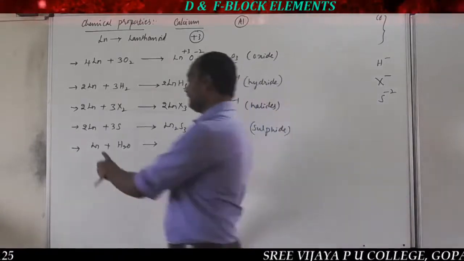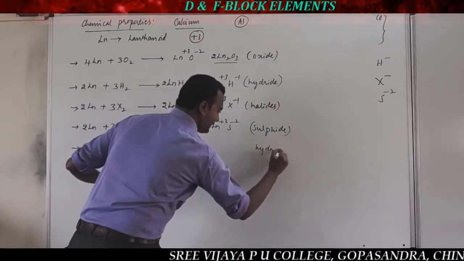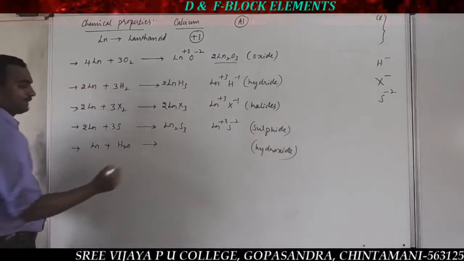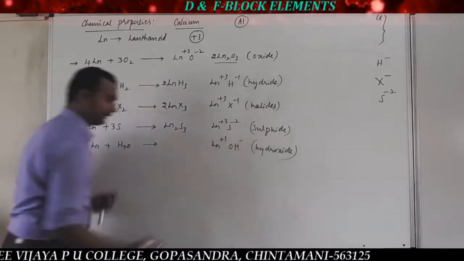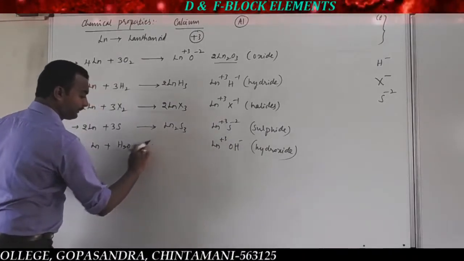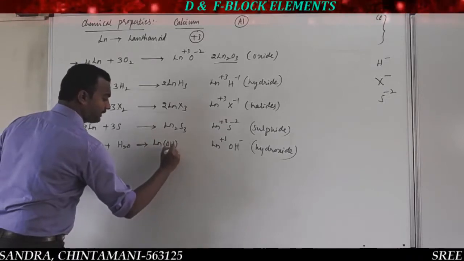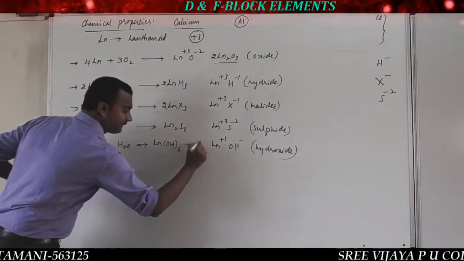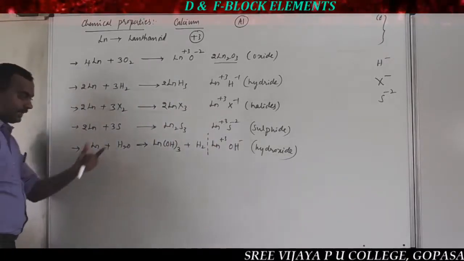So any lanthanide reacts with water to give the compound hydroxide. For the hydroxide formula, Ln is +3 and hydroxide is OH minus. So the formula is lanthanide hydroxide, Ln(OH)3: give 3 here and 1 on this side. In addition, there is a liberation of hydrogen gas. Now we have to balance this.